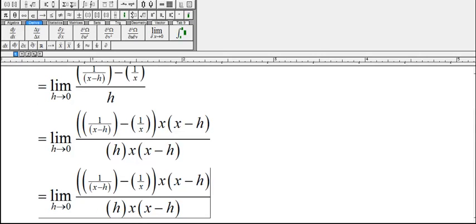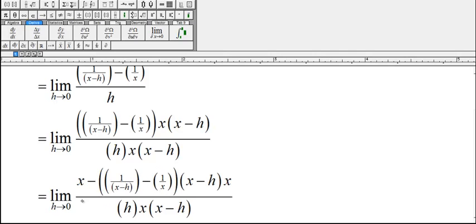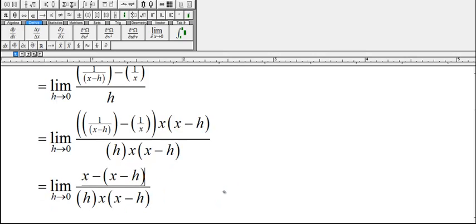Alright, now down here we distribute. So when we distribute this part right here by this, the x minus h cancels and we're left with an x. The next time when you multiply this, the x cancels and you're left with x minus h. So the top just turns out to be that. Look at that again.